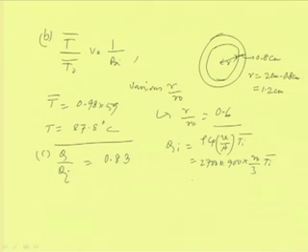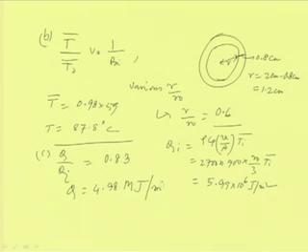This Qi is coming around 5.99 into 10 to the power 6 joule per meter square, and so if we put the value, then we get Q to be 4.98 megajoule. I am sorry, it is megajoule per meter square.